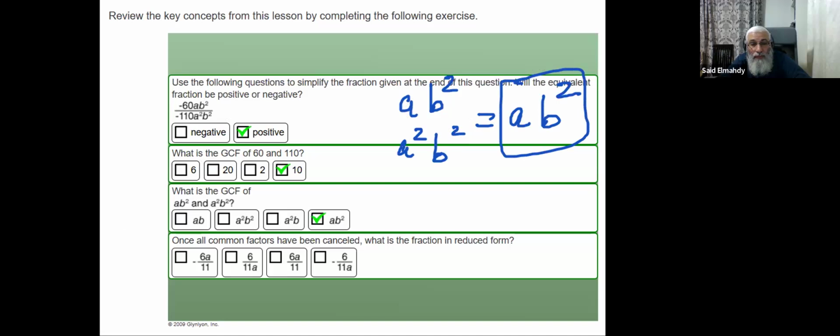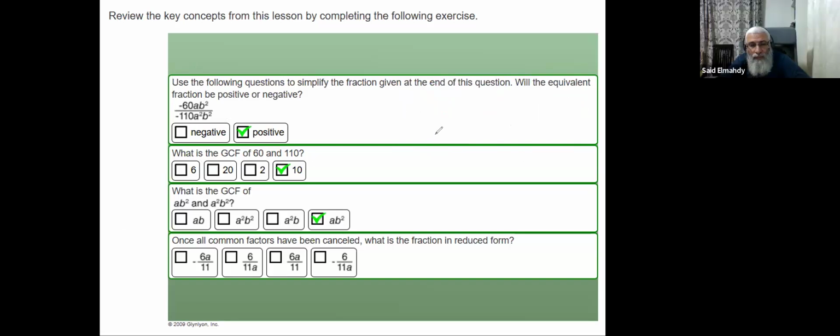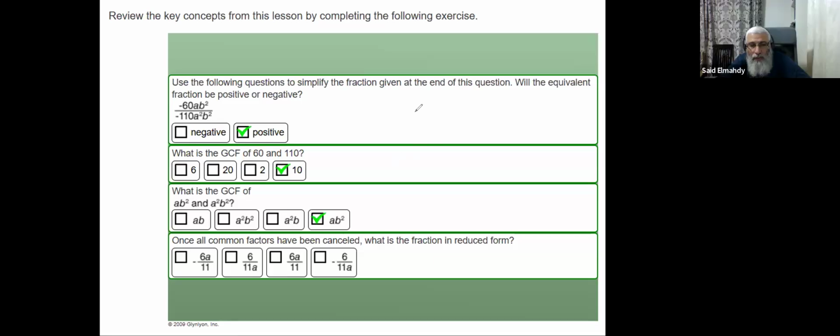Next one, read. Once all common factors have been cancelled, what is the fraction in reduced form? Which fraction are they talking about?